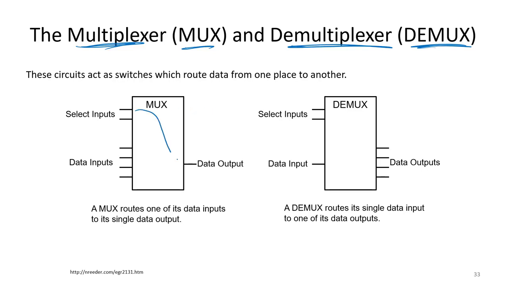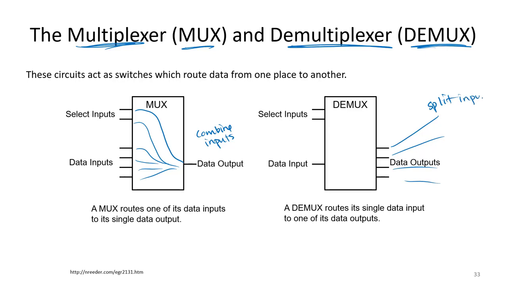So for example, the mux will actually take inputs and combine them into one, whereas a DEMUX will actually split inputs into outputs.